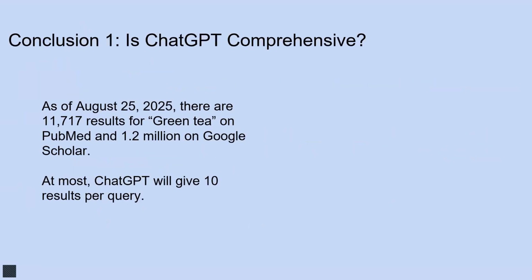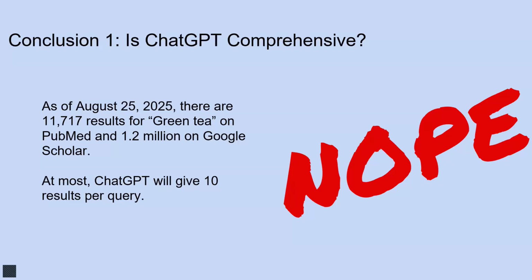Finally, my first conclusion: is ChatGPT comprehensive enough for research? No. Most of the time, ChatGPT will give you between 4 and 10 results per query when I'm asking for different citations. And if you put green tea into PubMed, you get over 11,000 results.